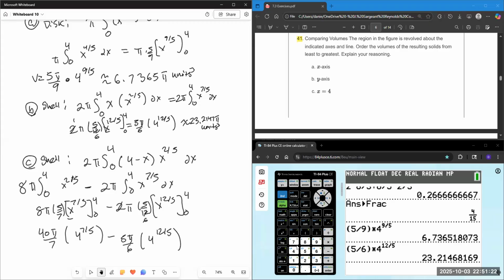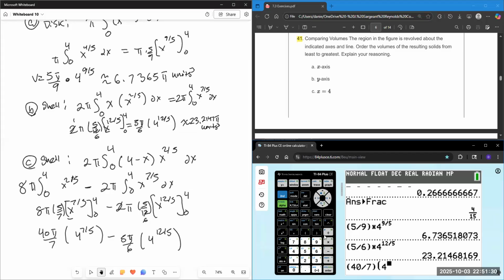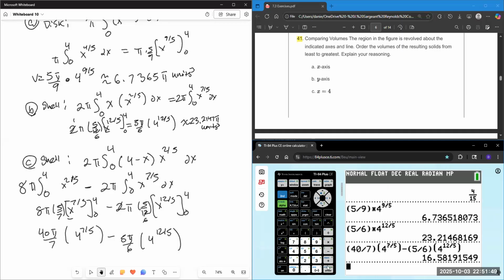It's going to be 40 over 7 times 4 to the 7/5 minus 5 over 6 times 4 to the 12/5, which is approximately 16.5819 pi.